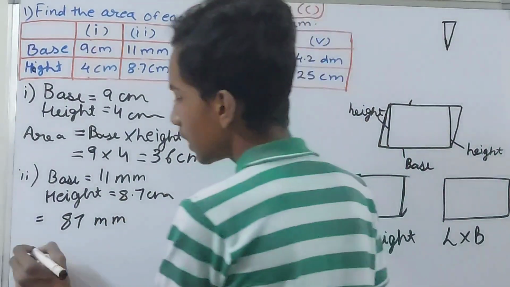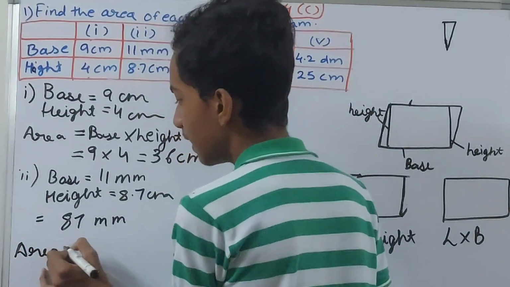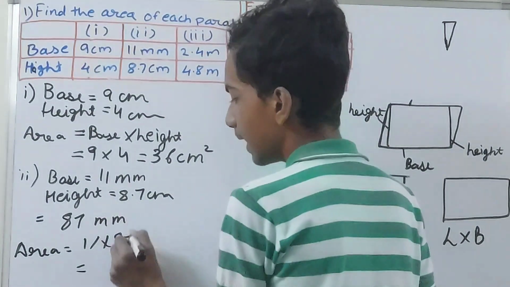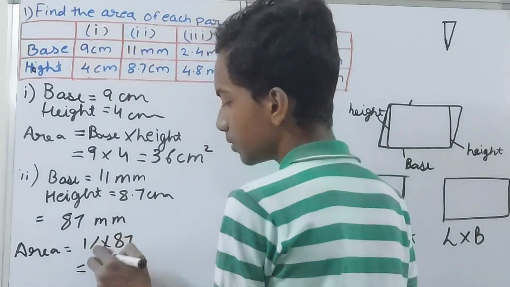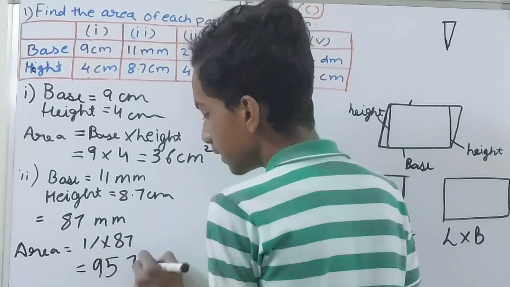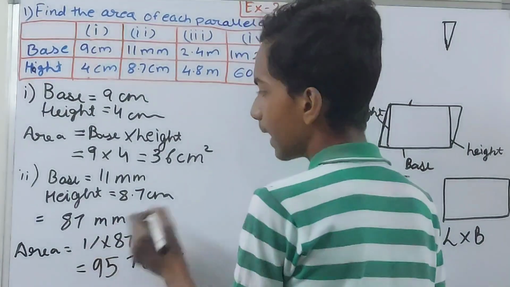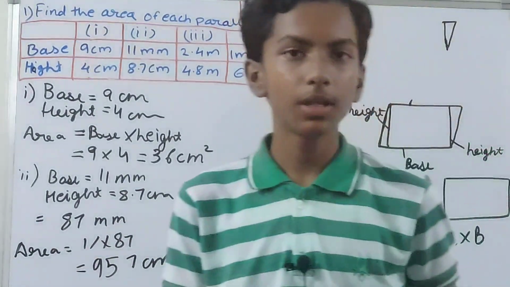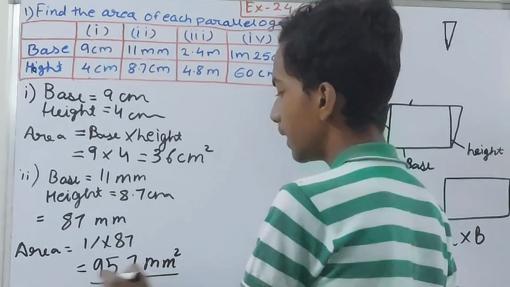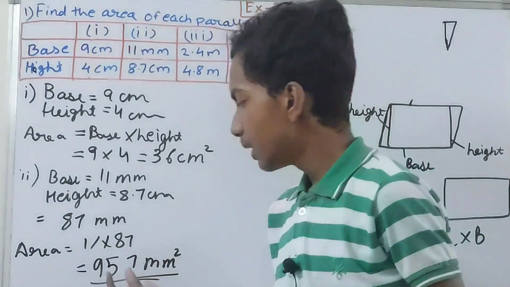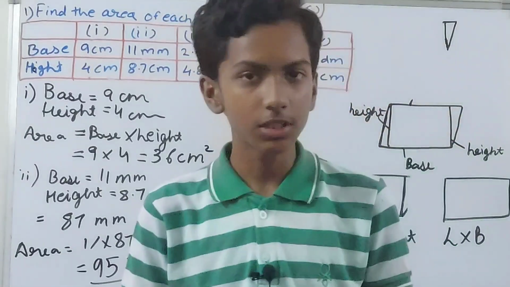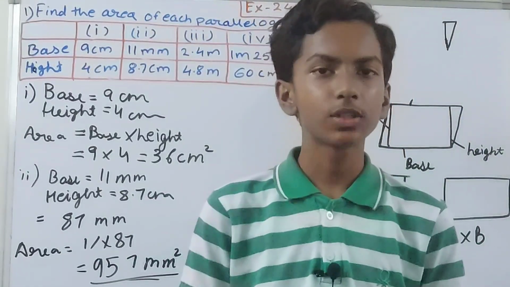Area equals, again, multiply 11 by 87. 7 into 11 is 77, 11 into 8 is 88, and 7, so 957 square millimeters, and this becomes our area. You can change this into centimeters as well. In centimeters the point will come after two places, 9.57 square centimeters. Now let's move on to the next part.